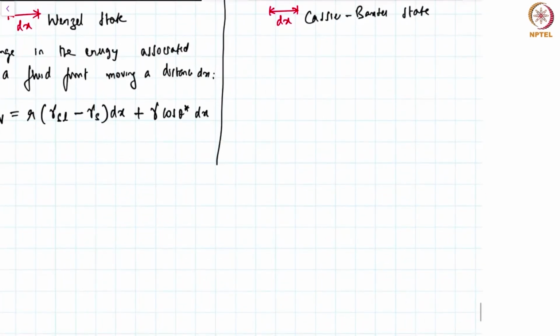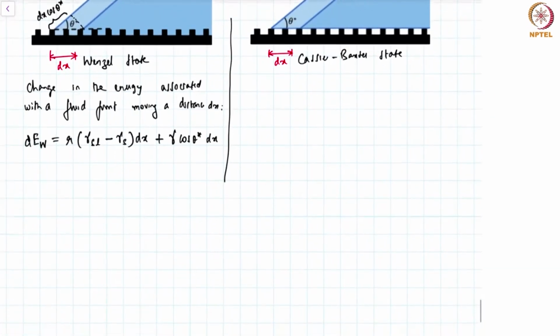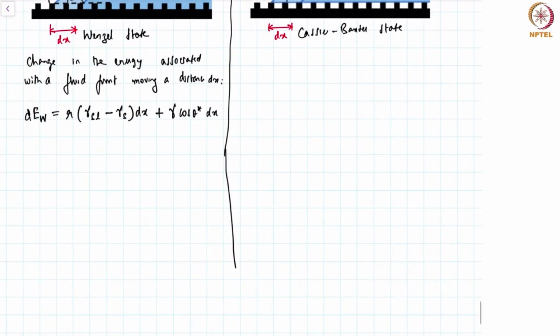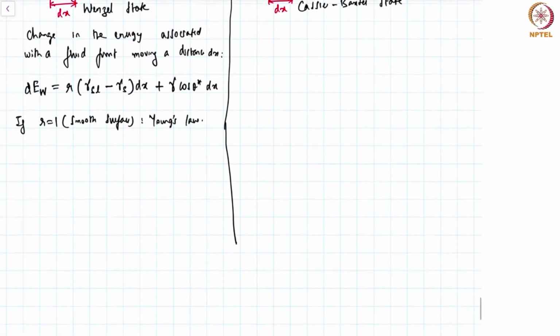So let me mention that if r is equal to 1, we have a smooth surface and we get Young's law. That's the case for Young's law. Now if we set dEw equal to 0, then we get cosine of theta star equals r cosine of theta e.